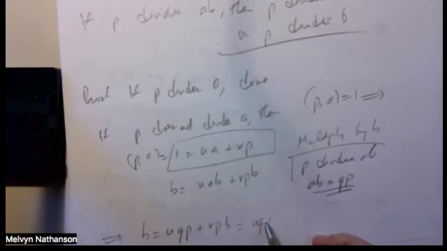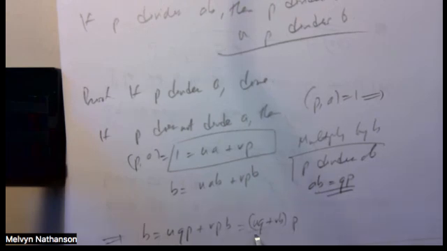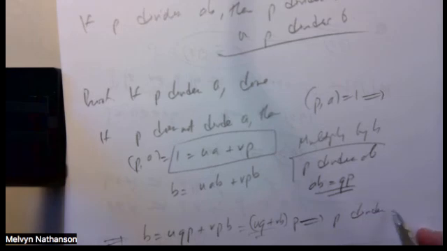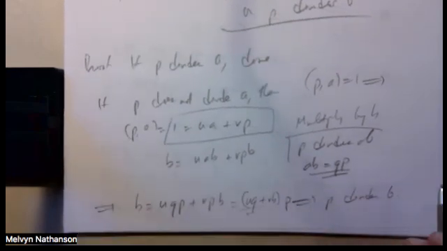This is UQ plus VB, times P. B is P times something. It means P divides B. So that is the proof of Euclid's lemma.